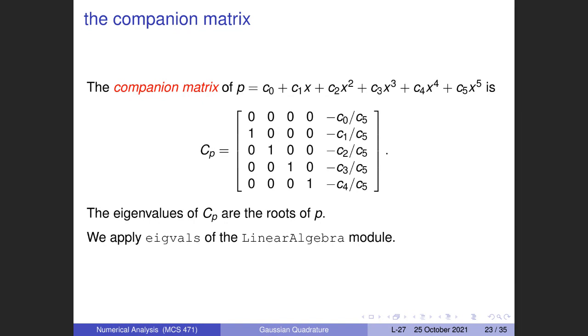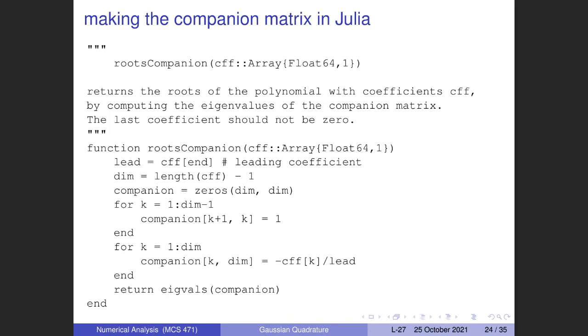So if the input is not honest, if the c5 is 0, then you cannot simply construct the companion matrix. All right, this will be wrapped up into a function. This is a wrapper function. We have the numerical coefficients and we formulate the companion matrix, wrapping the eigenvalue computation.